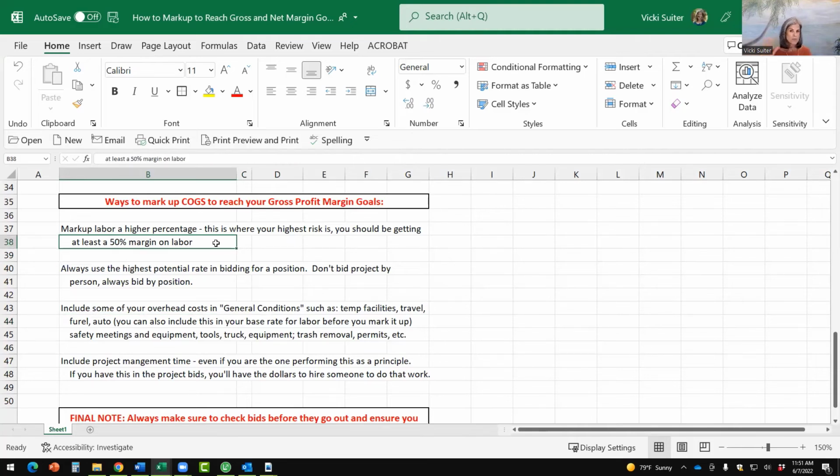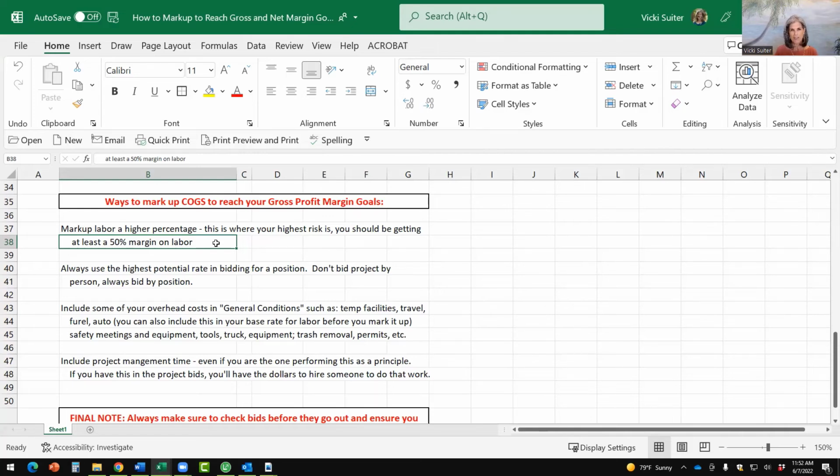So there's some different ways that you can strategize and put some of those overhead costs in your general conditions so that you are getting paid for that and not having to mark up overhead as 33%, but you're building in some of those overhead costs as line items in your bid.